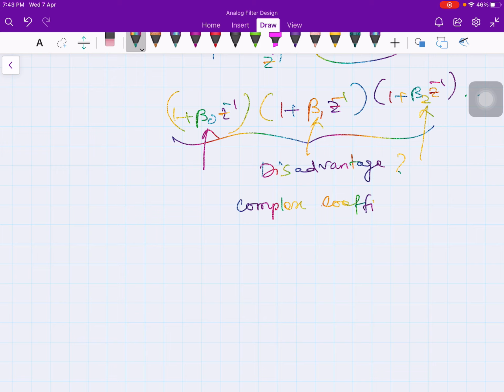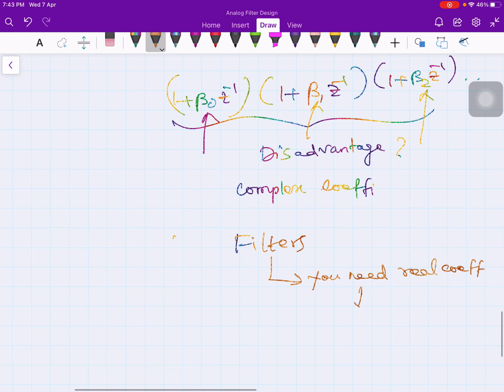But once you get complex zeros, these complex zeros must be written together so that the coefficients are real, because you want to implement the filter in real time with real coefficients, right? Digital filters need real coefficients for real filters.